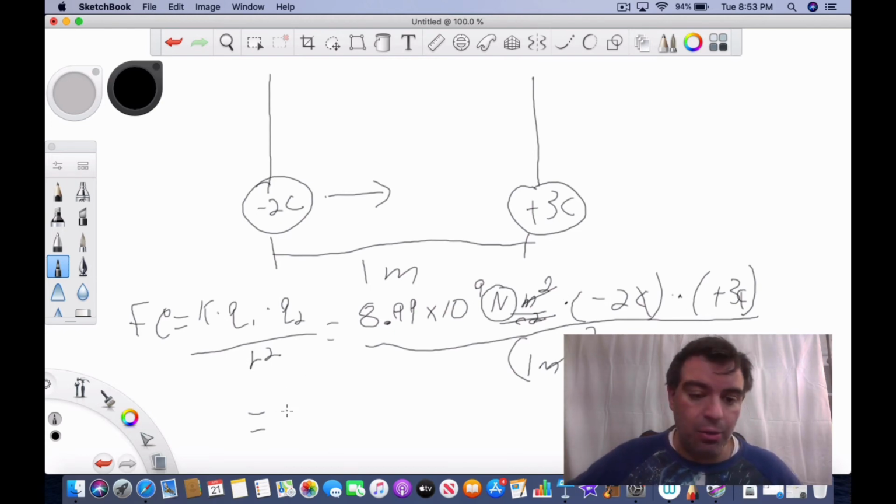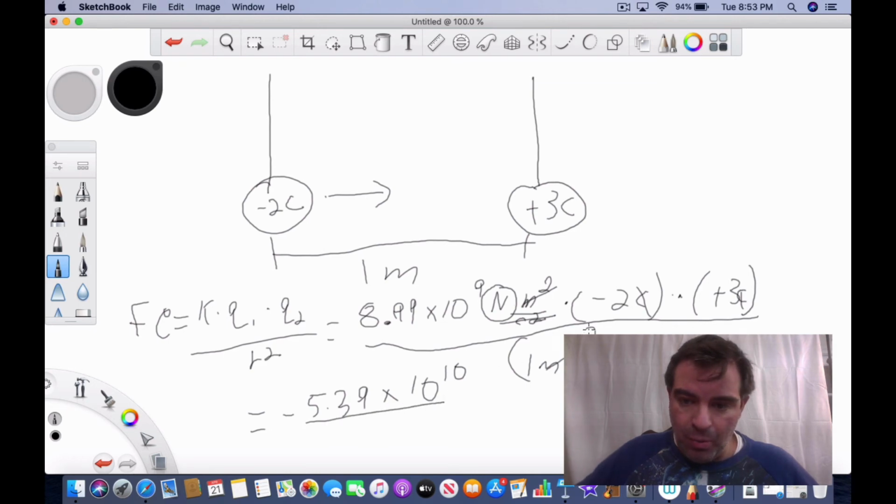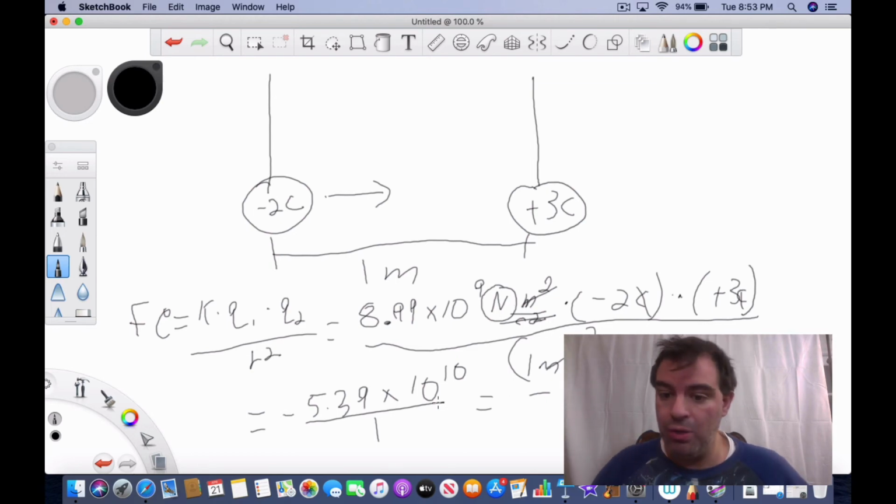In a calculator, that's -5.39 times 10 to the 10th, and we divide by 1 squared, which is 1. So our answer is -5.39 times 10 to the 10th, and the units are newtons.